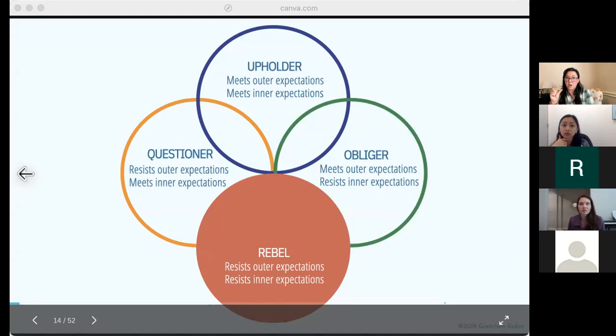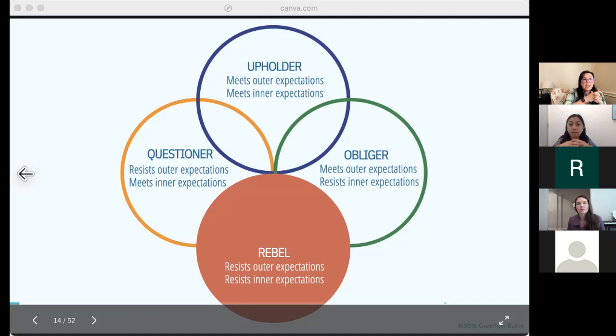So I have a kid at home that I was like, is she rebel? Is she questioner? Is she upholder? And I realized it felt rebel because she was resisting so many things, but she's very upholder because she has a particular set of rules that she follows. I just didn't understand those rules yet, right?